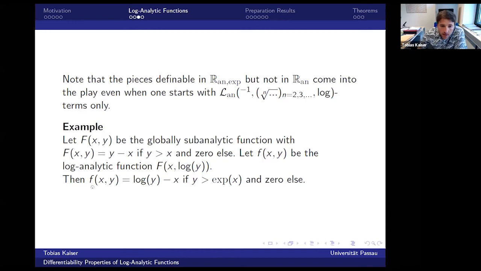Then f(x,y) equals this term here if y is bigger than the exponential function of x, and 0 else. And you see here I get something like an exponential term. Okay, I could avoid it, but if I want to describe it with respect to y, I get this term here.